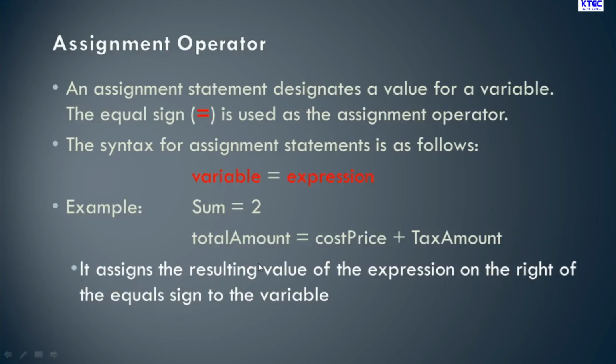Now let's look at the assignment operator. What is an assignment operator? An assignment statement designates a value for a variable. For example, if I want to compare a particular name to what the user enters, I'll declare a variable and take a name from a user.